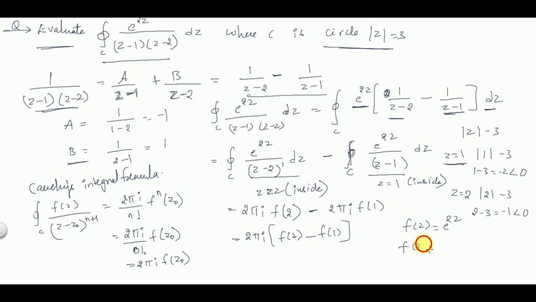So f of 2 is e power 4, just substituting z with 2, and f of 1 is e square. Substituting those values, we get 2 pi i into (e to the power of 4 minus e square). So this is the final answer.